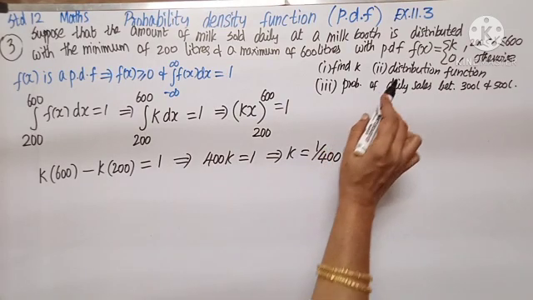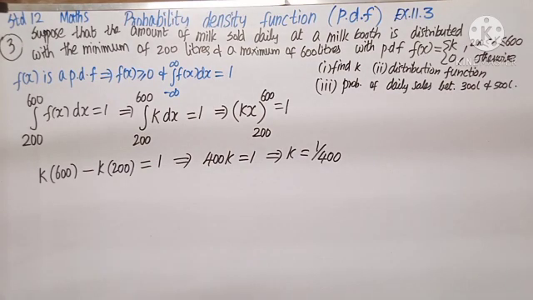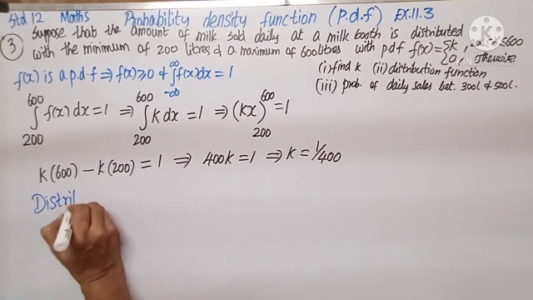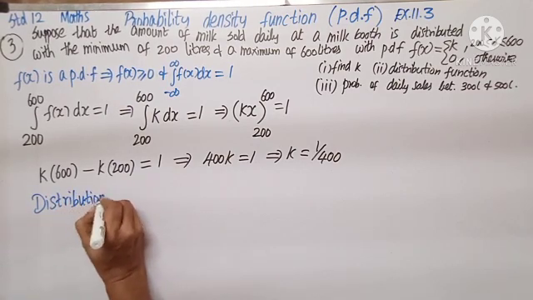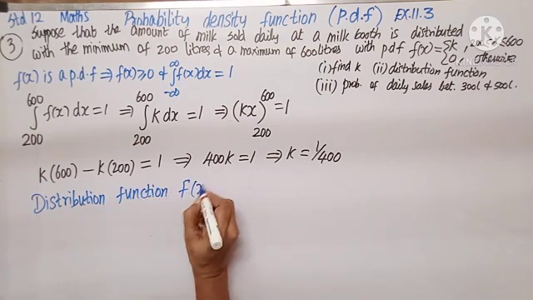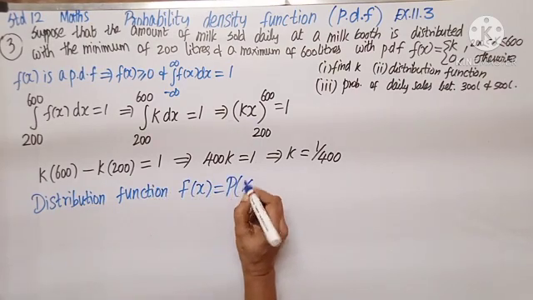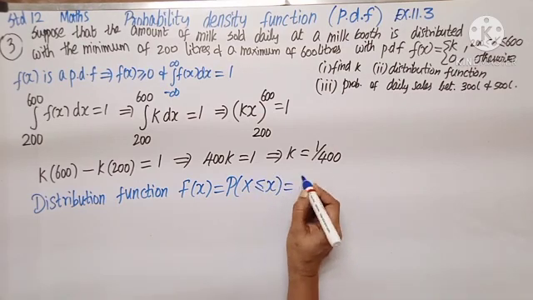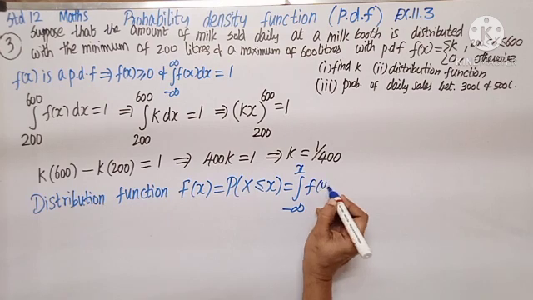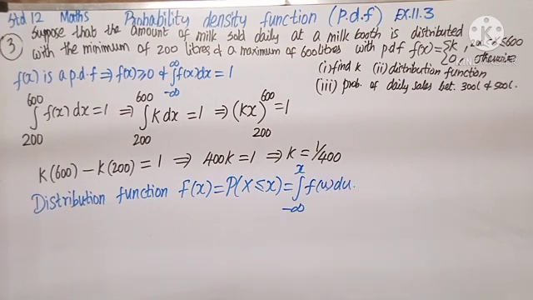The second question, distribution function. What is the formula for distribution function? It is capital F of x equals probability of X less than or equal to x, or integral minus infinity to x f of u du.